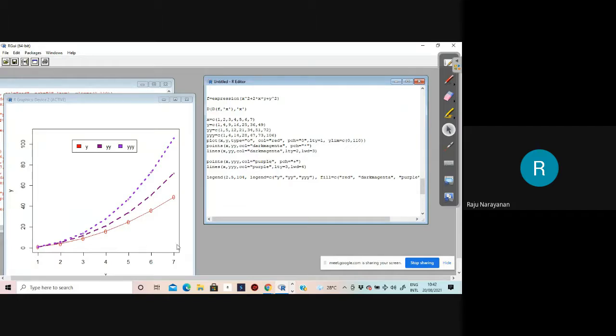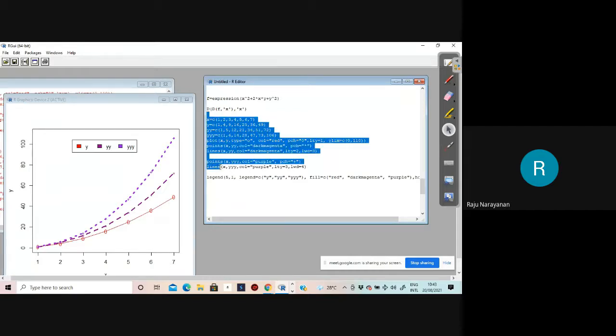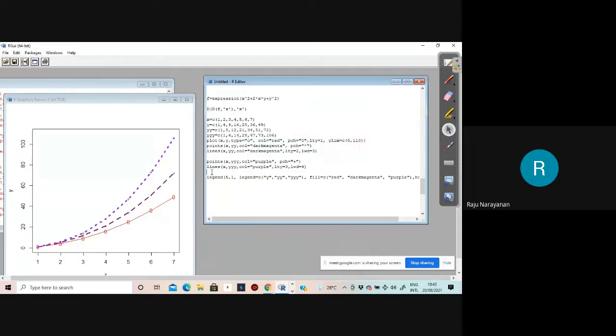If you want it here, position is x coordinate 5, y coordinate 1. That's all. It will come down. Otherwise, you can give bottom right. In this way you can fix.